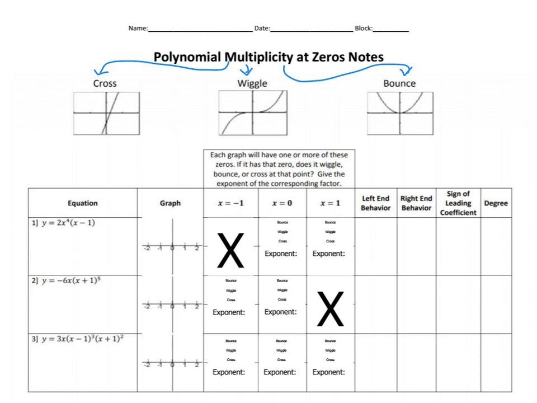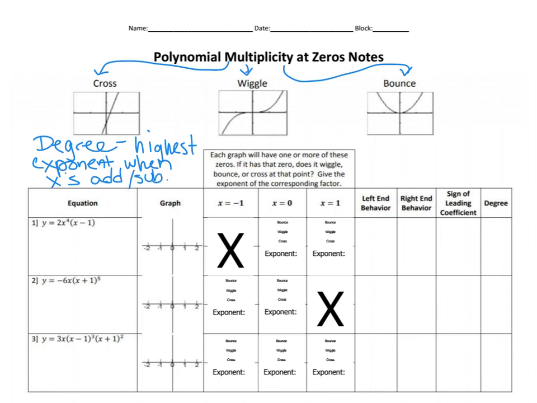So to talk about the familiar, degree is something that we've talked about before. That is the highest exponent, but we need to be a little bit more specific. It's when x's add or subtract.